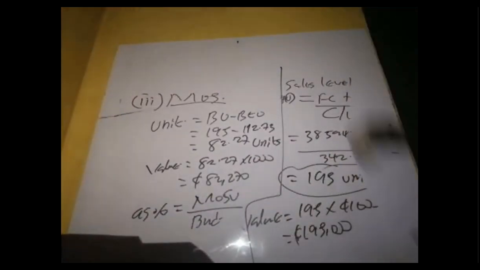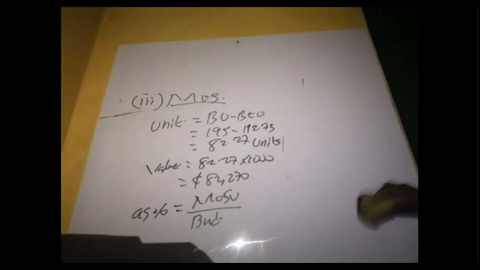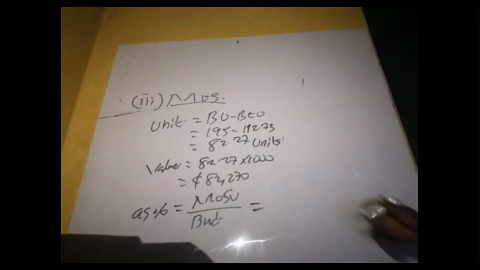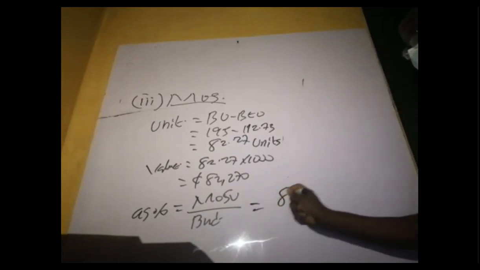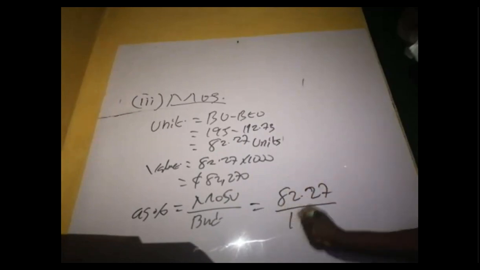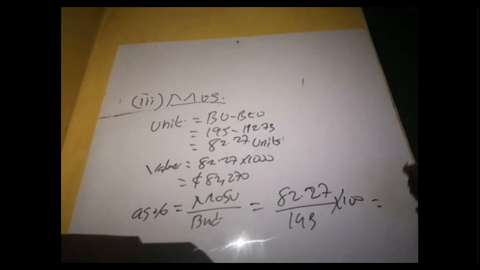Margin of safety in terms of units by the budget, which is equal to 82.27, all divided by the budget, 195, times 100. And the answer is equal to 42.2%.